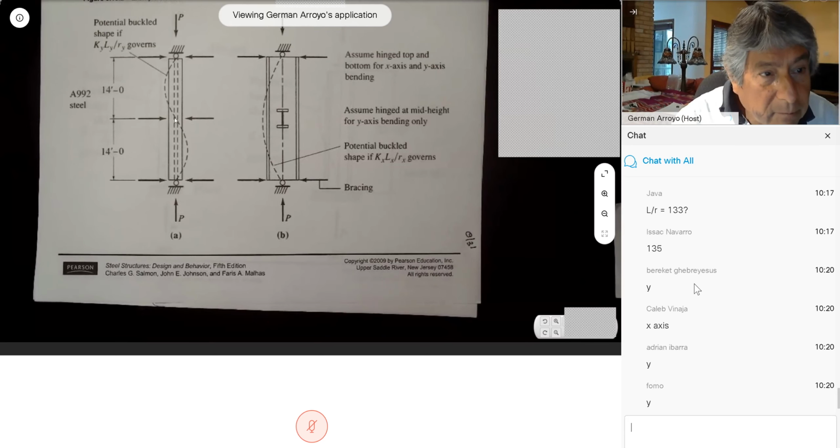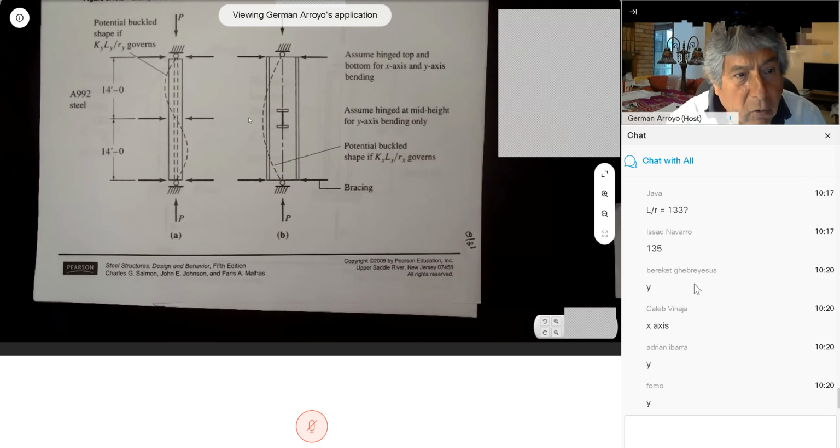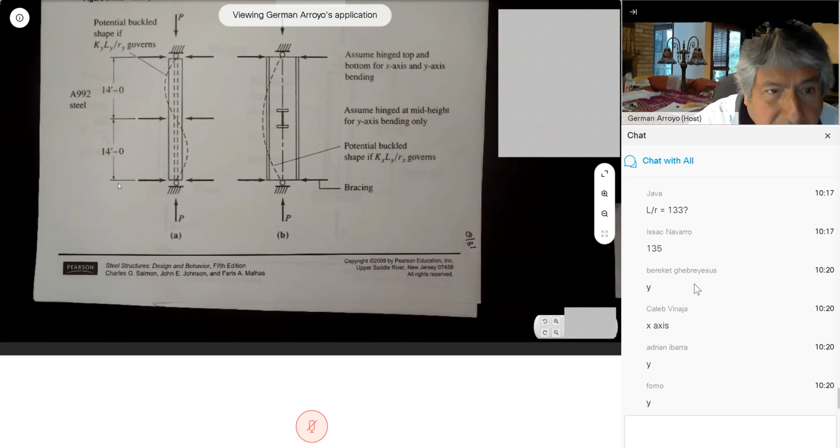So this web is supported in here. So now instead of doing what it was doing before, this is the way it is going to buckle. 14 and 14. But the strong axis doesn't have that support. The strong axis still buckles this way.